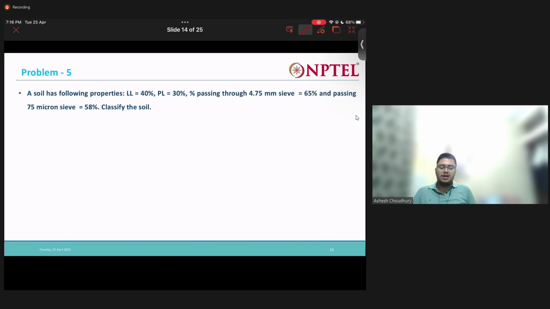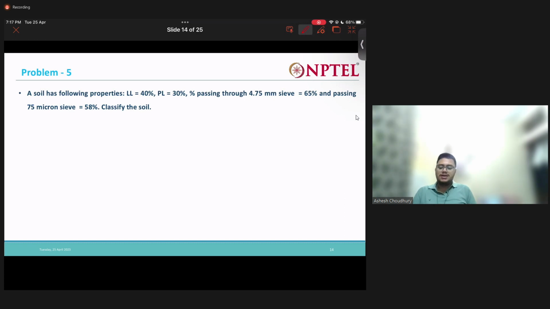We find out the liquid limit and plastic limit, and from them we can classify our fine grained soils. It can be clay or silt, right? It can be low plastic, intermediate plastic, or high plastic, right? CL, CI, or CH, or in terms of silt, that is M.